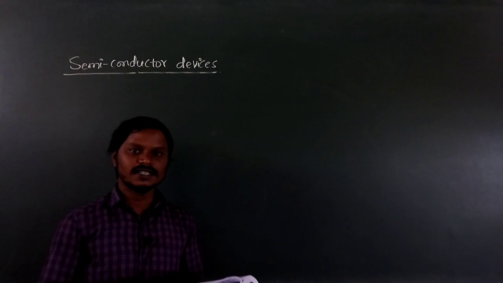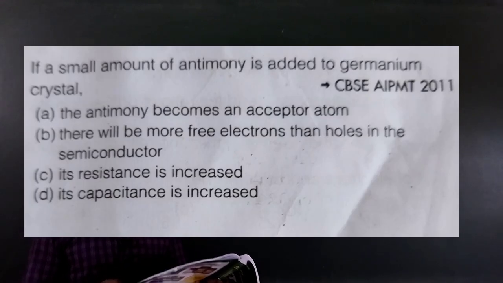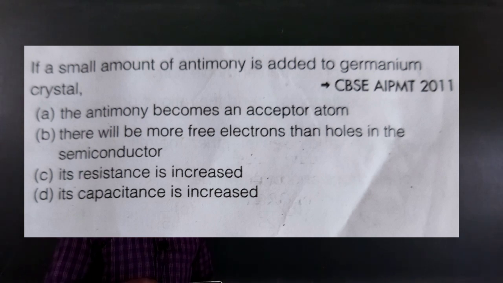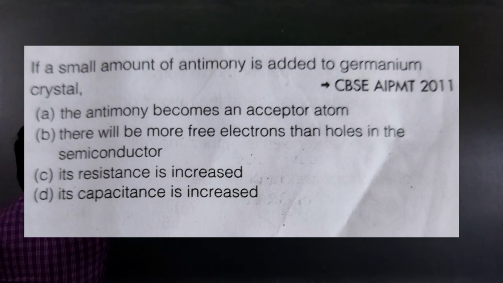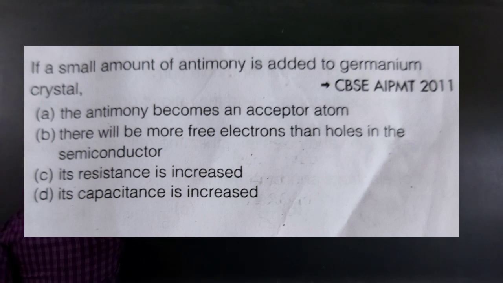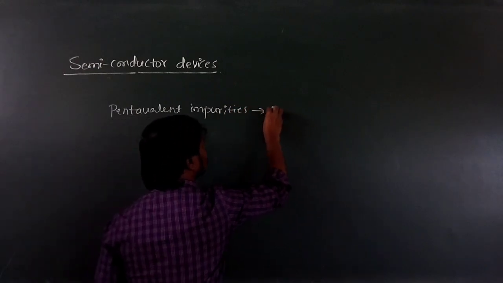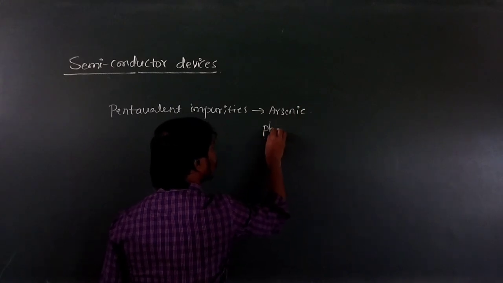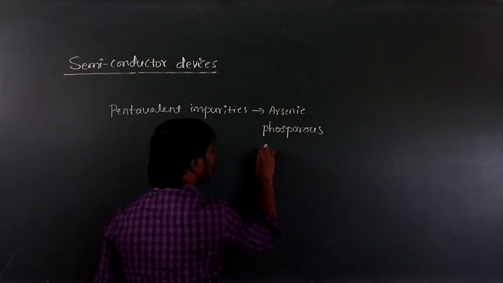Now the next question is, if a small amount of antimony is added to a germanium crystal. Antimony is a pentavalent impurity. What are the examples for pentavalent impurities? Those are arsenic, phosphorus, antimony.